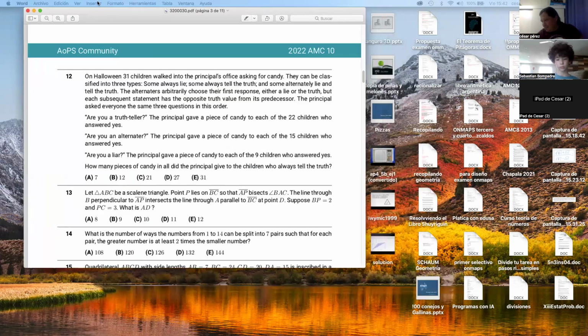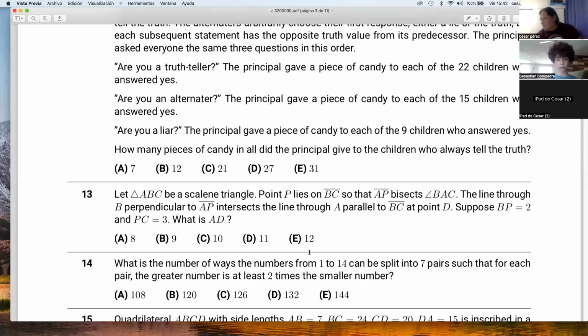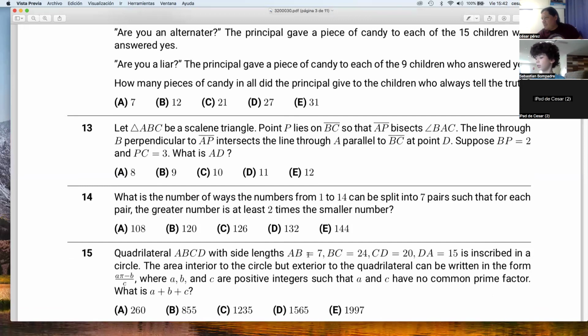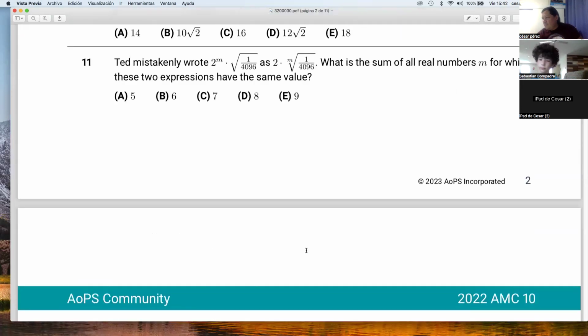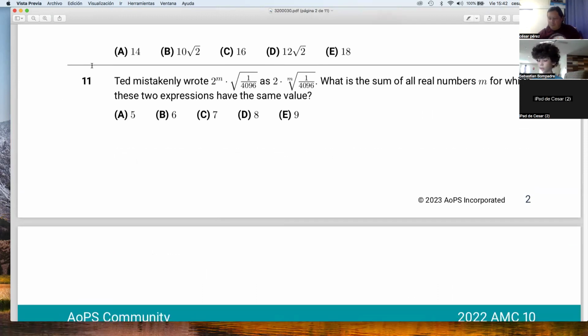Let's see. We will work with A and C. Yes, the problem number 11.